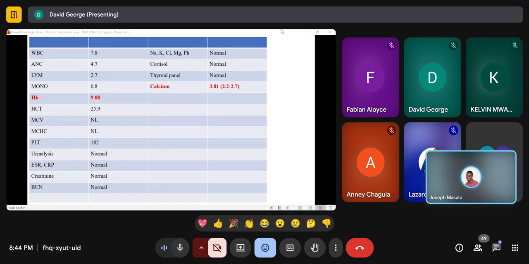The serum cortisol being normal doesn't rule out hypercortisolemia. You have to test, and it's not the morning cortisol. The morning cortisol is for testing hypocortisolemia.